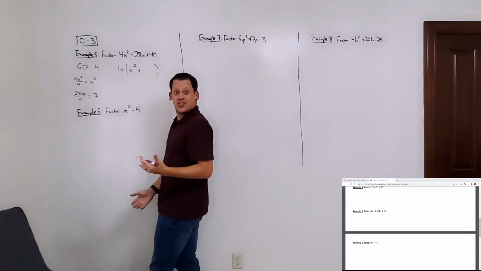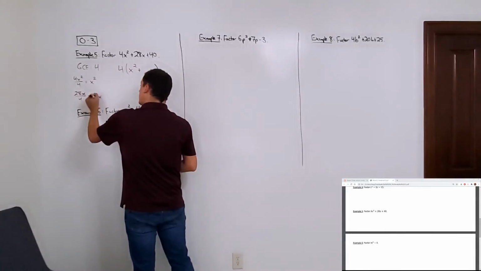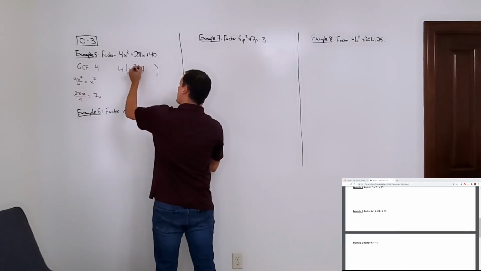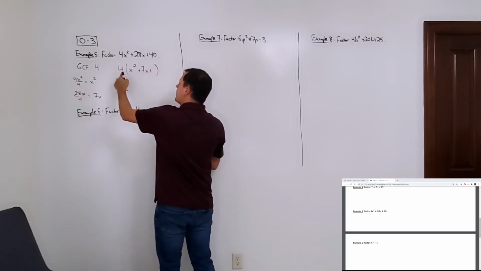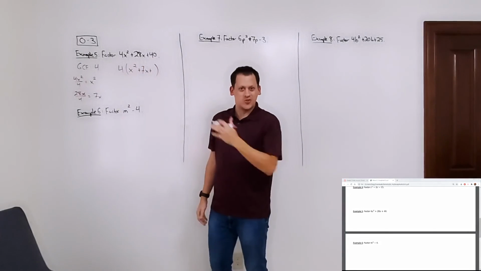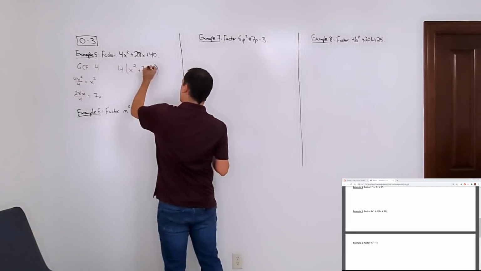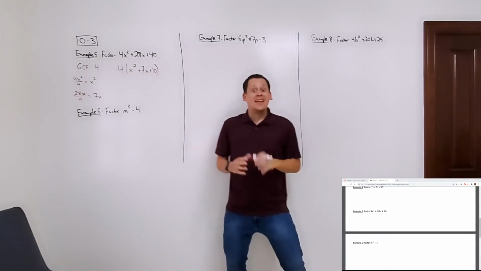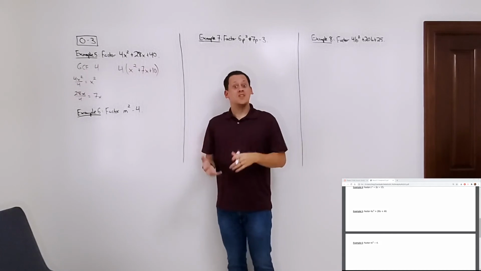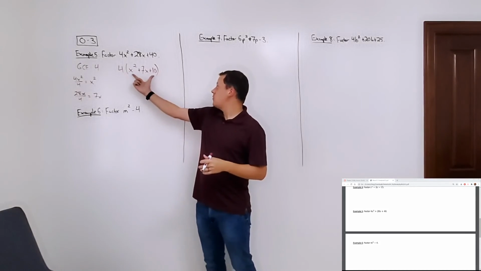And that x is chilling on top, so we're just going to keep it. That's 7x. Plus 40 divided by 4, that's just 10. 10.